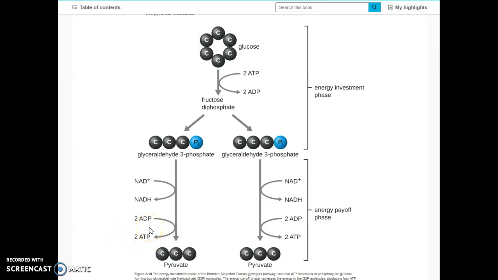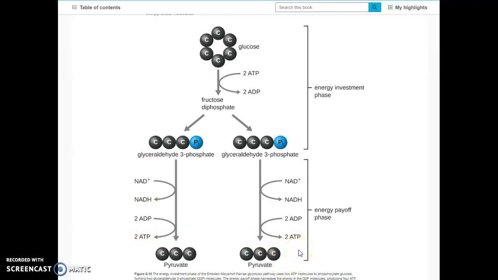Now keep in mind, again, enzymes are necessary for each of these steps to occur. Okay, we're just not talking about those, but just keep in mind that these reactions would not proceed without those enzymes. Okay, so at the end of glycolysis, we end up with 2 NADH molecules, 4 ATP, and 2 pyruvate.